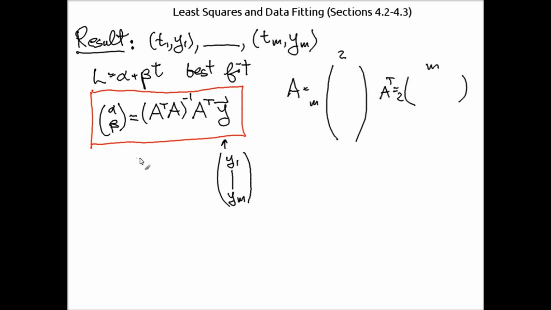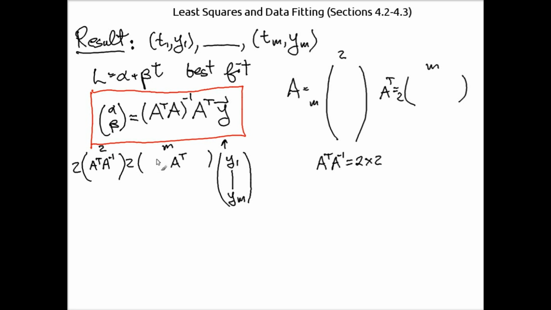So A transpose is this 2 by m matrix. And then (A transpose A) inverse is what size? Well, that's this K that we've been talking about, and that's a 2 by 2 matrix. So over here, you've got your (A transpose A) inverse, which is 2 by 2. And you put these all together, and what do you get?